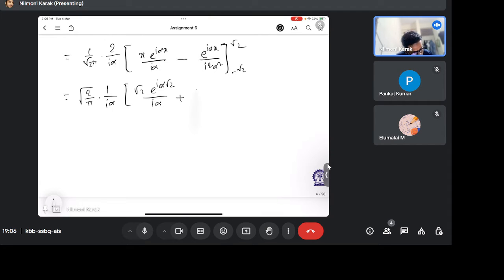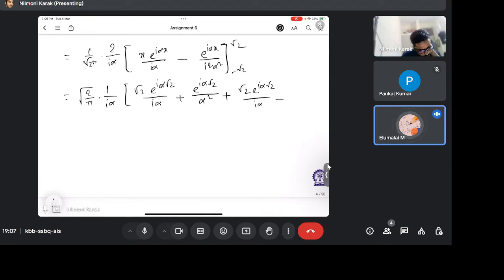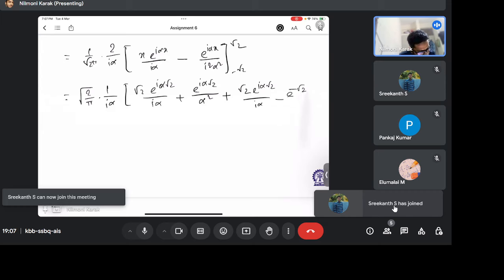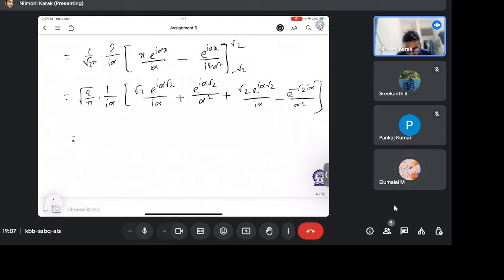So plus e to the power i alpha root 2 divided by alpha square, and then minus root 2 e to the power minus root 2 i alpha divided by i alpha, and then e to the power minus root 2 i alpha divided by alpha square. Now you can simplify it.